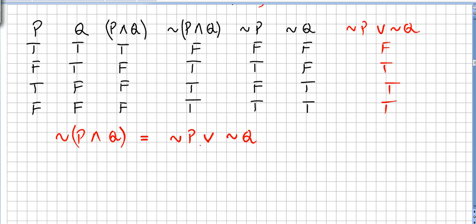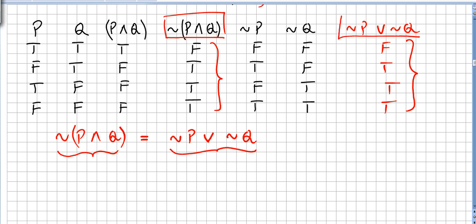So not P or not Q. Now you can ask, well, can we say about these propositional forms that they are equivalent? Yes, this is true. These two propositional forms, they are equivalent, because if you look at the table here, right, it's exactly the same as the table here. Okay, so these two propositional forms, they are equivalent.